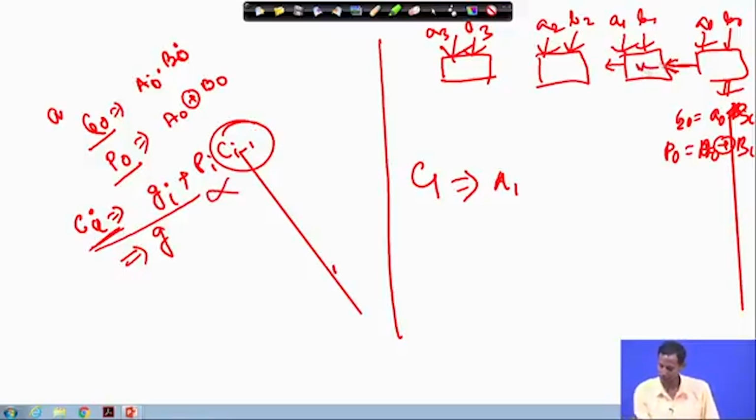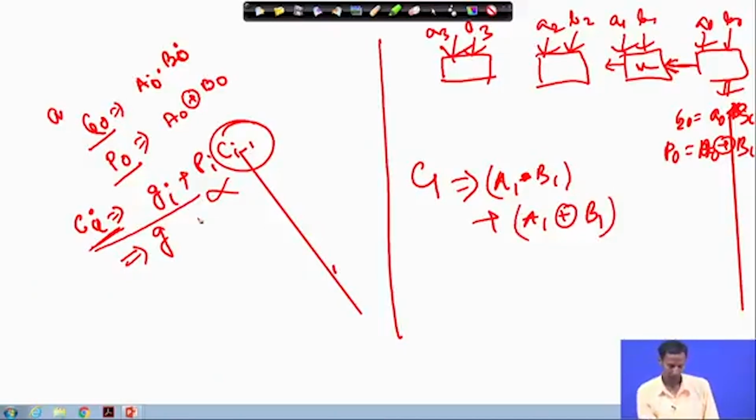So I can calculate C1 from here. Gi is nothing but A and B, plus A1 XOR B1 along with this Ci minus 1, which is nothing but this C1.